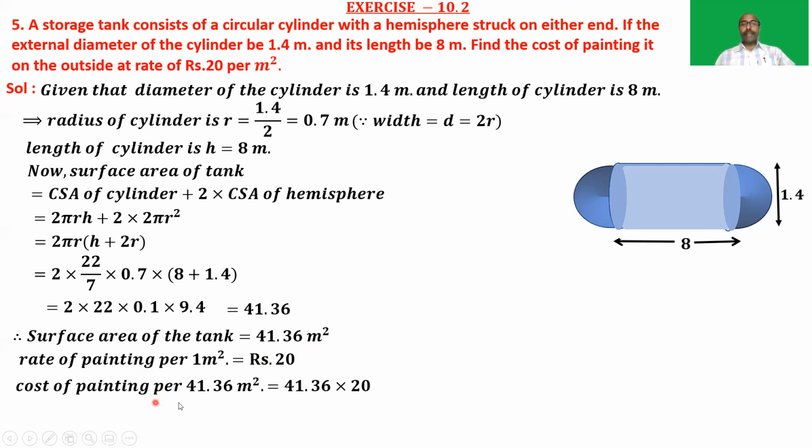So the cost of painting 41.36 meter square is 41.36 into 20, which is equal to 827.20. That is, the cost of painting the tank is 827 rupees 20 paise. So this is the solution of the given problem. So let us take the next one.